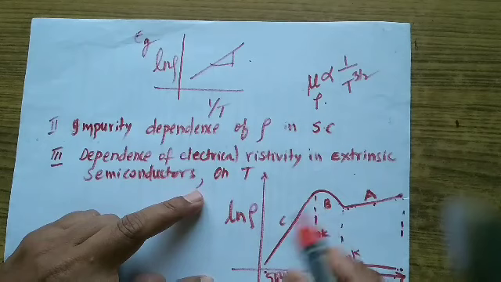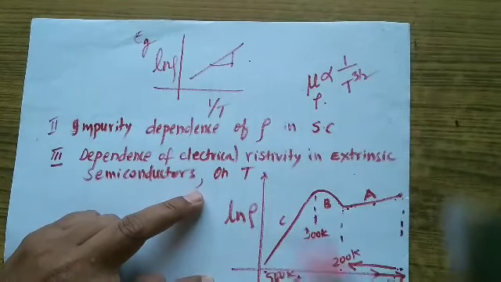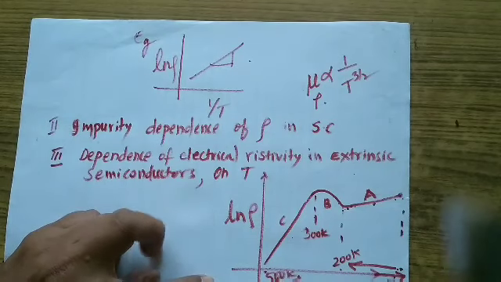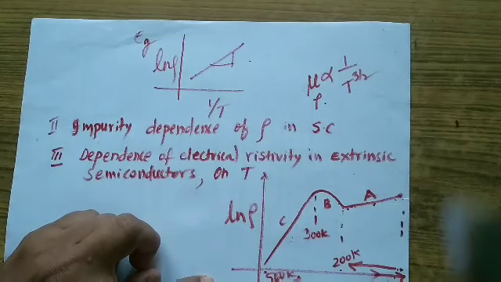This portion is very similar to that observed in the case of intrinsic semiconductor. That means at a higher temperature, the extrinsic semiconductor behaves as an intrinsic semiconductor in terms of the relation between the electrical resistivity and absolute temperature. This is how one can understand how electrical resistivity varies in an extrinsic semiconductor.